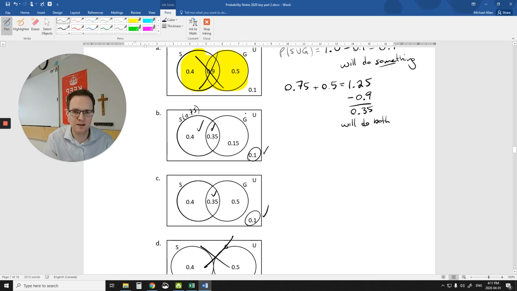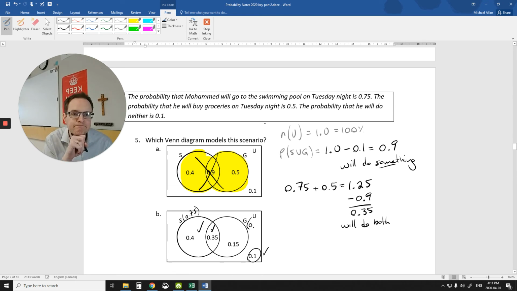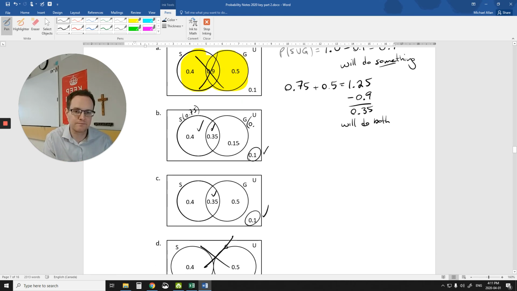So that works out. And the groceries circle should add up to 0.5. Yeah, 0.5. Okay. So 0.35 plus 0.15, yeah. That'll add up to this number up here. This one here doesn't add up. That's too much. That's like 85% chance of doing groceries.